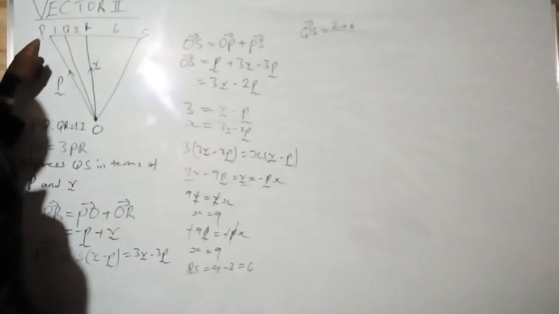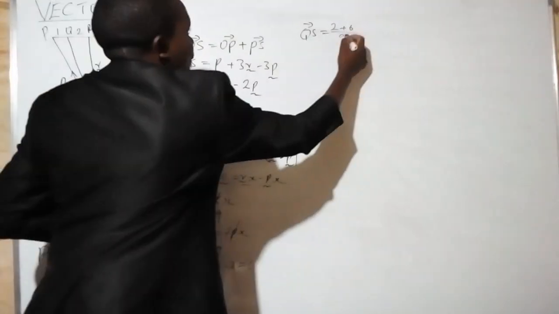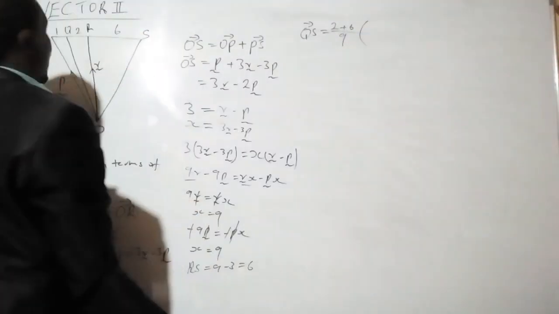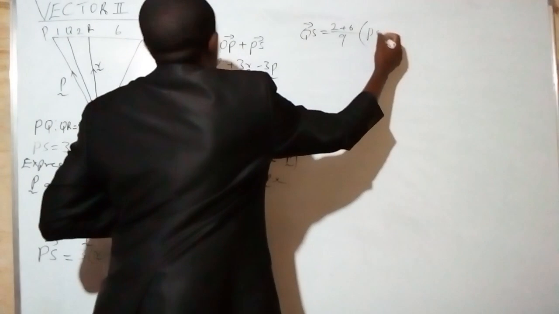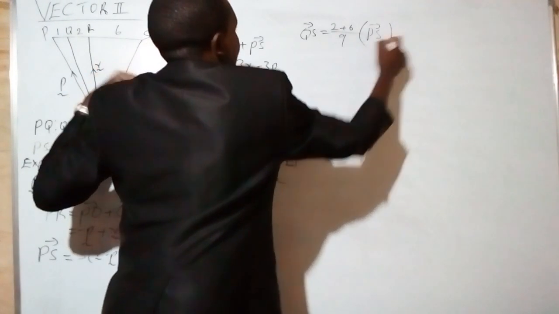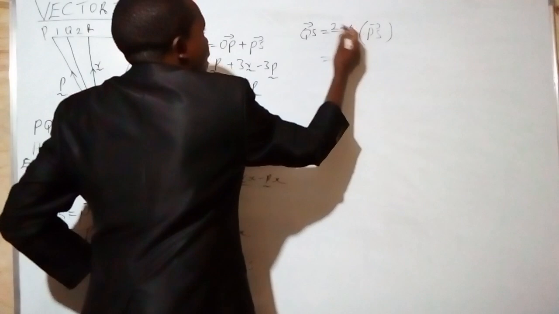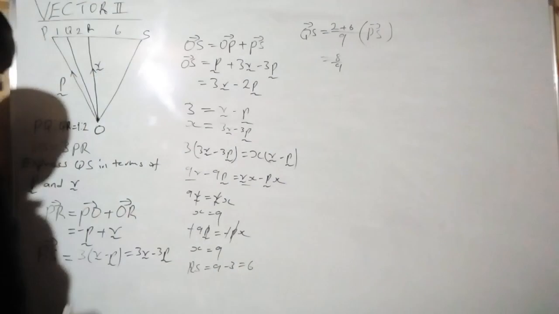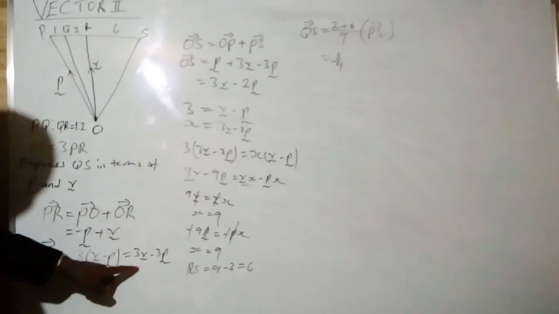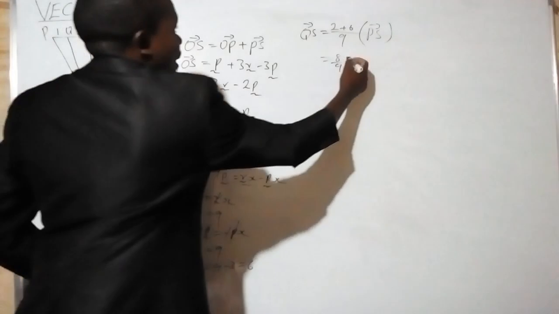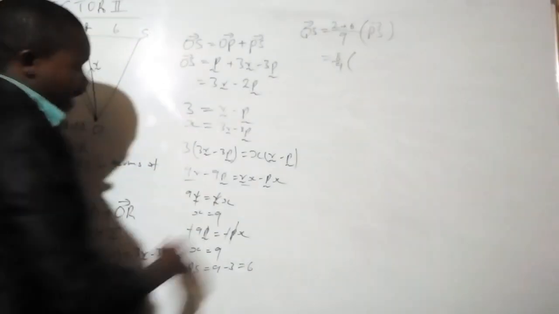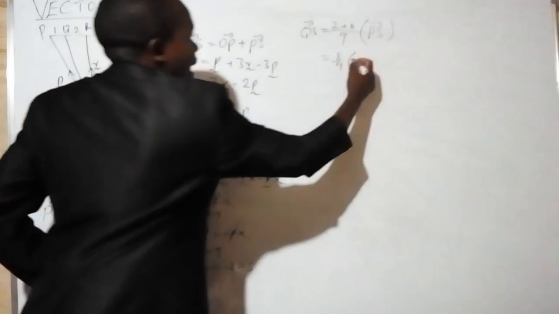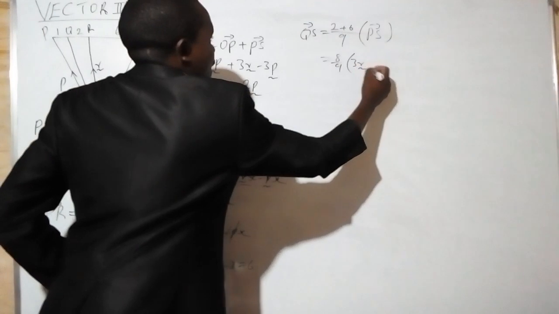It's 9 into bracket PS, like that. And this is supposed to be 6 plus 2, 8 over 9, but PS is what? This is our PS. You substitute, you can open the bracket and say 3 vector R minus 3 vector P.